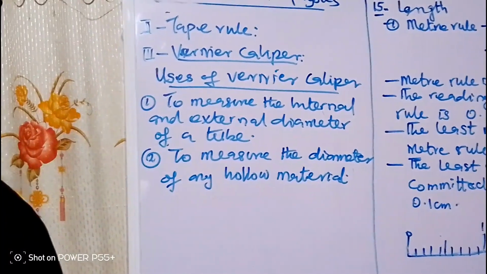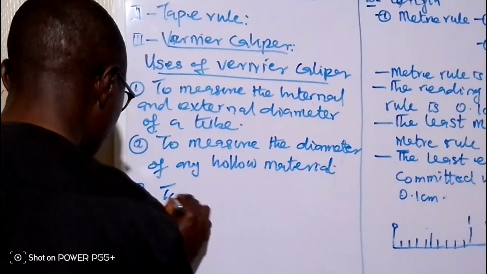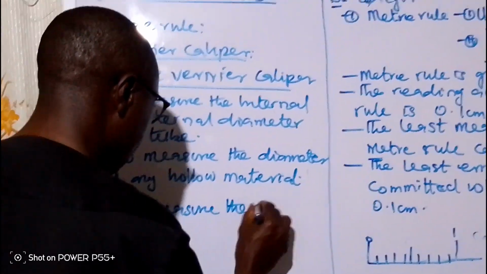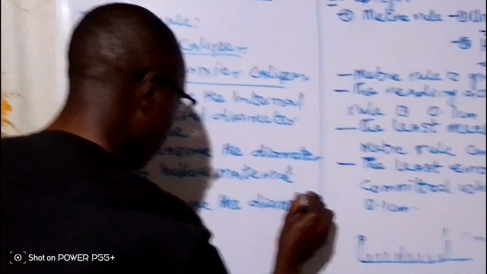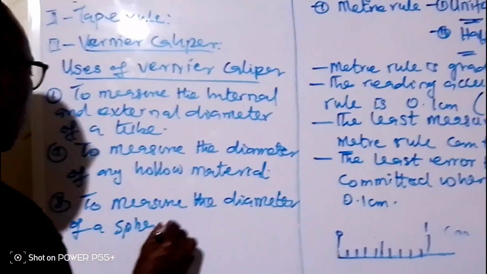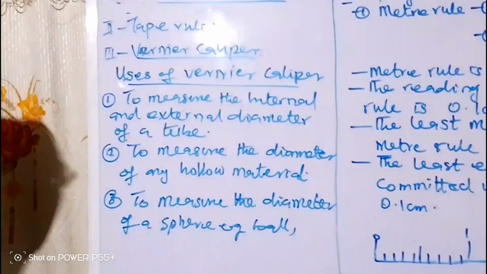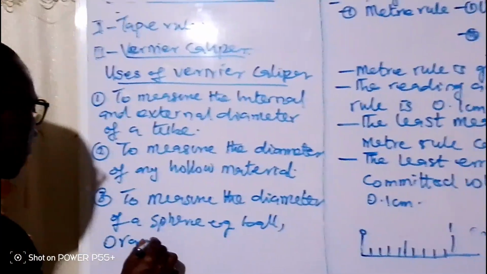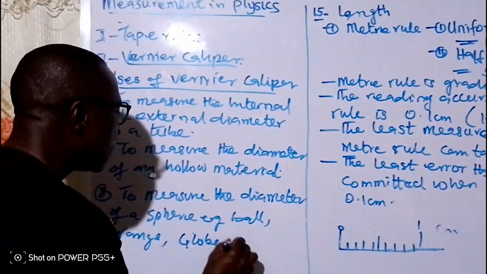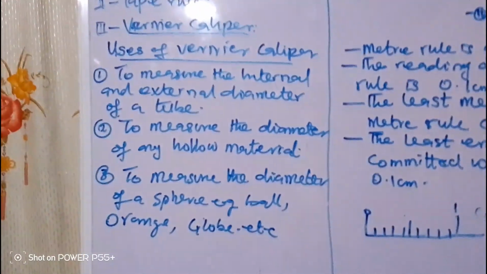Number three, to measure the diameter of a sphere. Examples of sphere are ball, orange, globe, egg and so on.